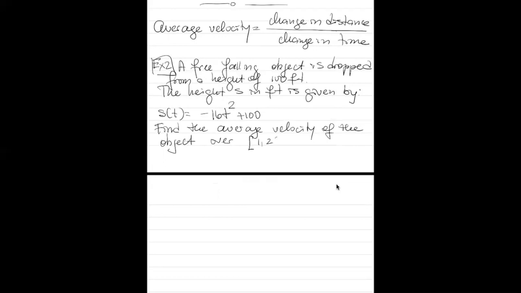By definition, the average velocity, which is delta S over delta t, is equal to, for the interval from 1 to 2, S of 2 minus S of 1 over 2 minus 1. We calculate S of 2 by substituting 2 for t: negative 64 plus 100, or 36.